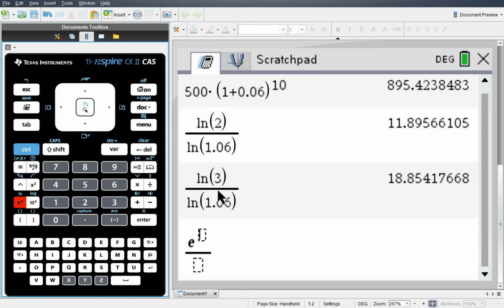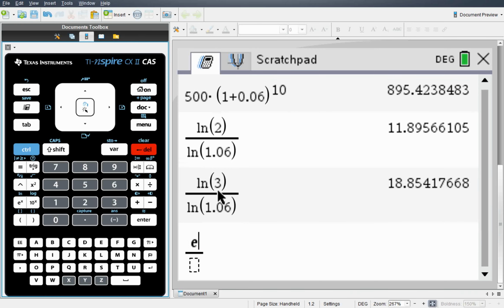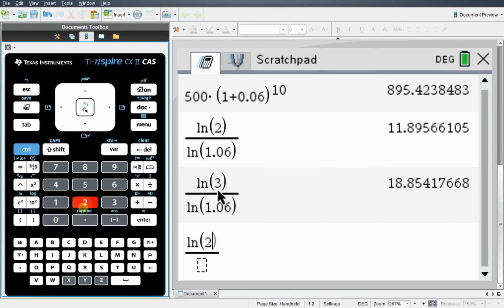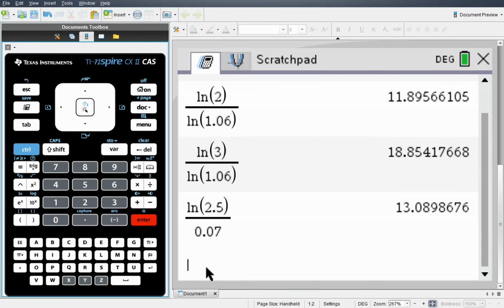the natural log of 2.5 divided by 0.07, and we get 13.089, or 13.09.